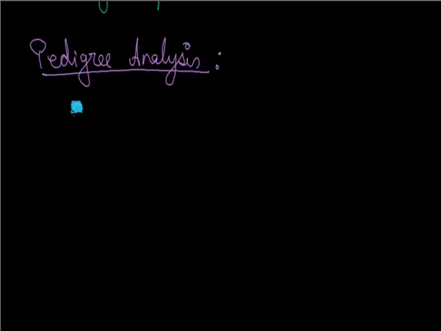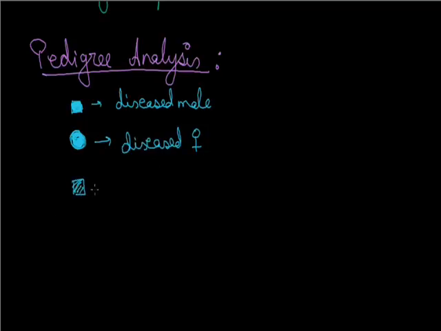the square-shaped colored symbol is called diseased male. A fully colored circle, this condition is called carrier. Carrier for the disease, where the disease is only on one allele, not the other.